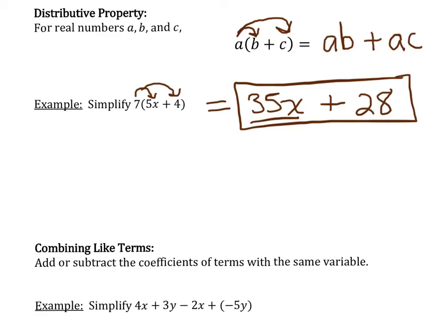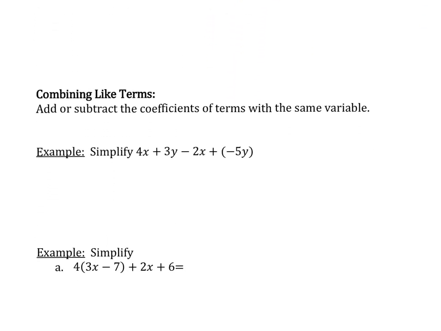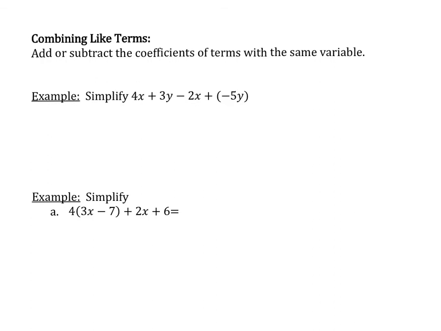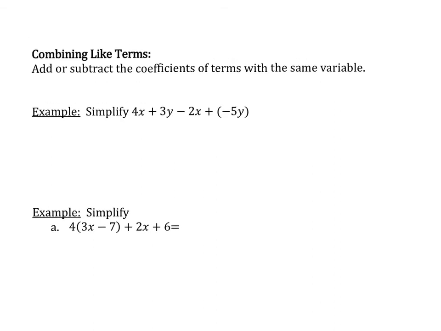All right. Last thing we want to talk about in this section is what we call combining like terms. Like terms are basically variable expressions that have the same variable. For instance, 2x and negative 4x are what we call like terms.